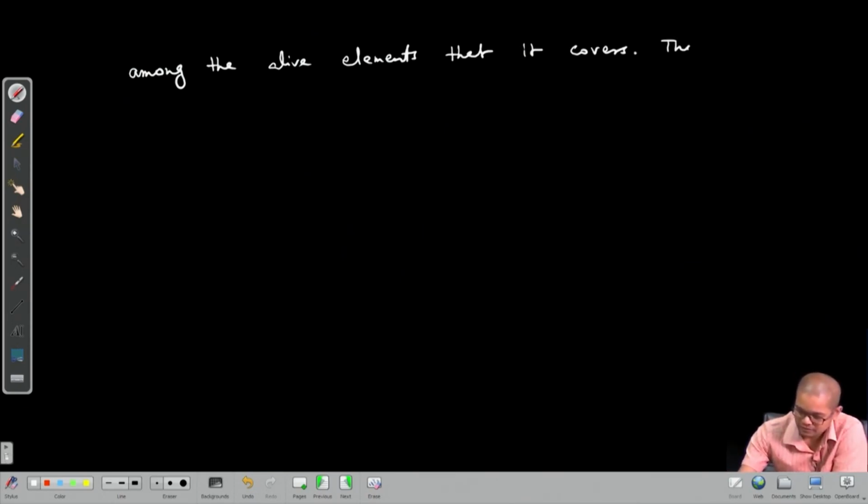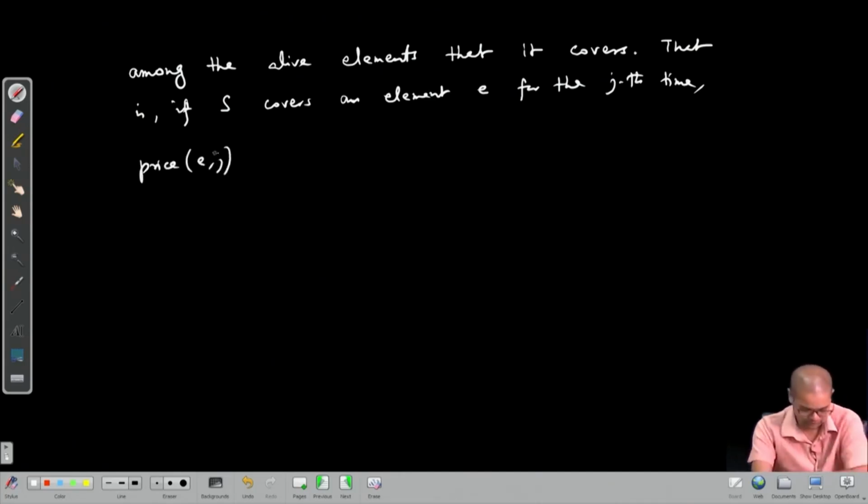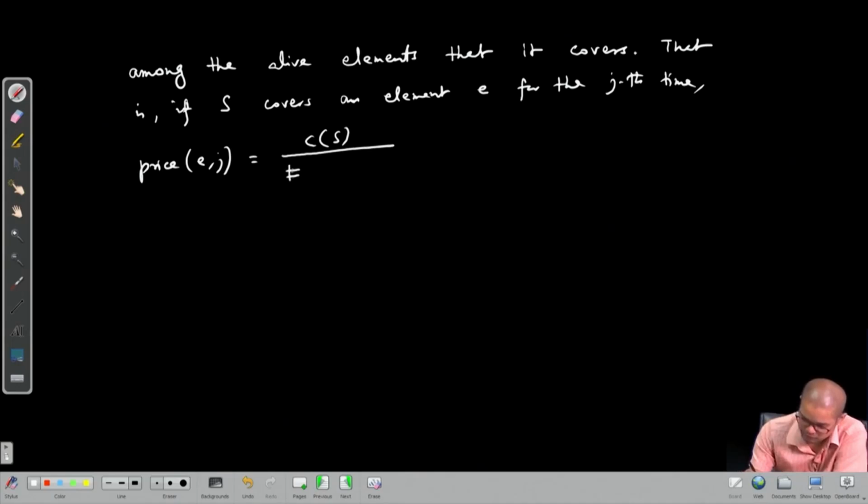That is, if S covers an element E for the jth time, then the price of (E, j) is the cost of the set picked divided by the number of alive elements in S.